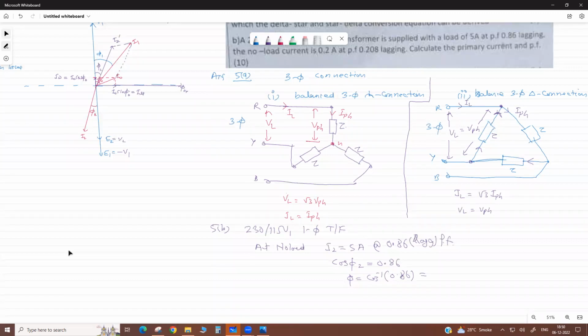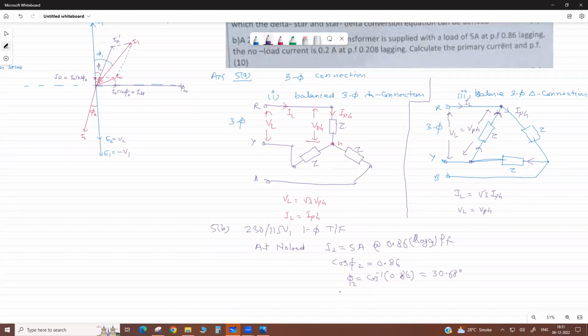Cos shift inverse 0.86, then its angle comes 30.68 degrees. Now this is your phi 2.